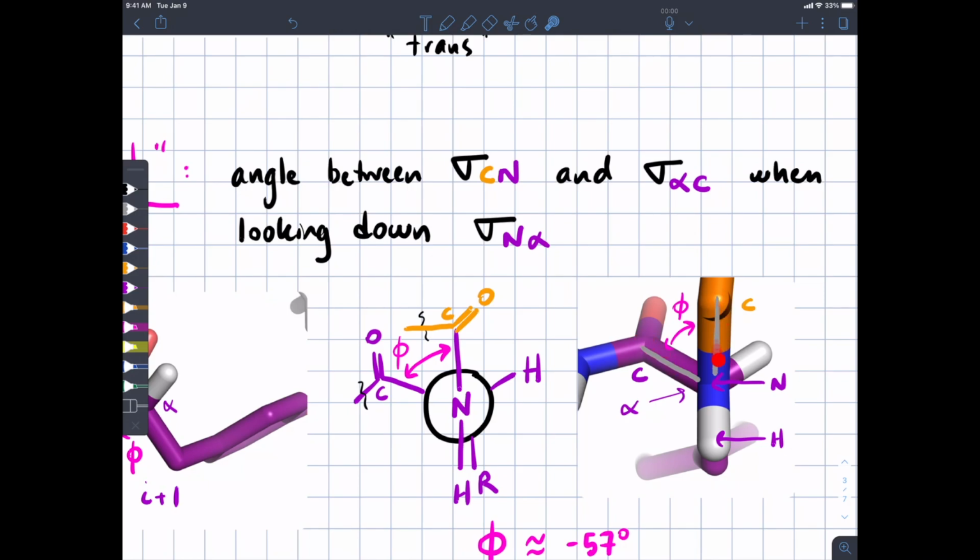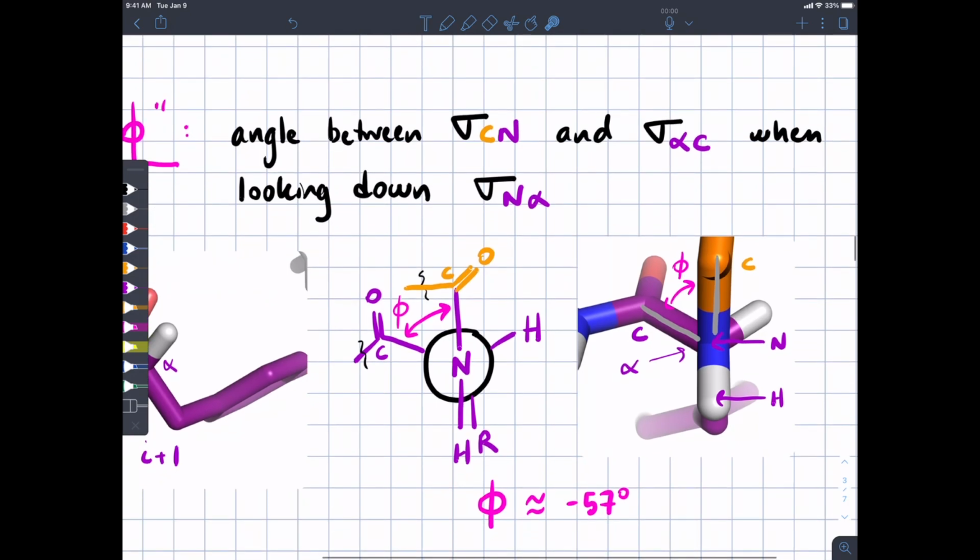So we're going to measure the dihedral angle between those two bonds. And within an alpha helix, the phi angle tends to be around minus 57 degrees. Why is it minus? I don't know, because the bond in the back is on the left-hand side of the bond in the front. I don't know why it's that way.